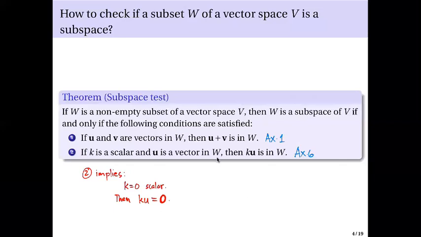U is a vector in W, K is any scalar, KU must be in W. So if we take K to be the zero scalar, KU is still in W, but KU is now 0. So 0 will also be in W. This implies that 0 will be in W, and this is your axiom 4.